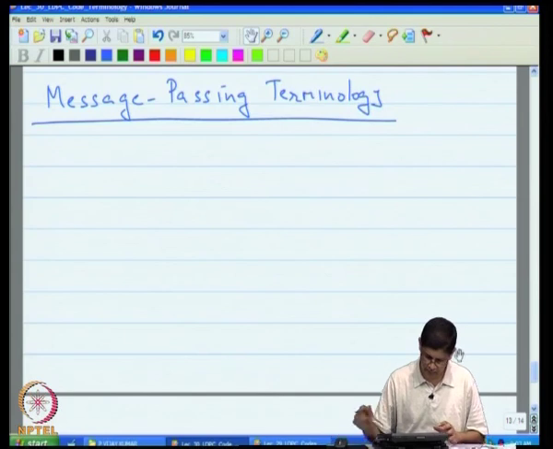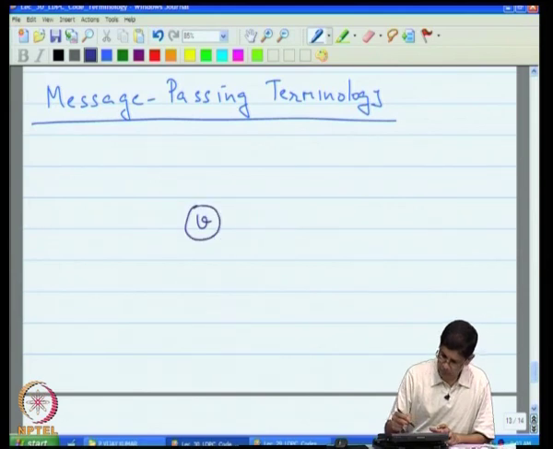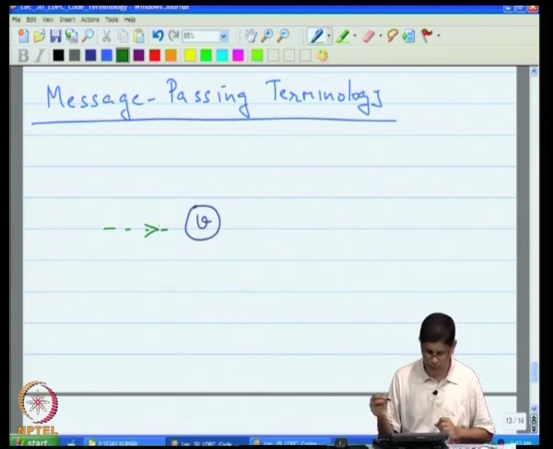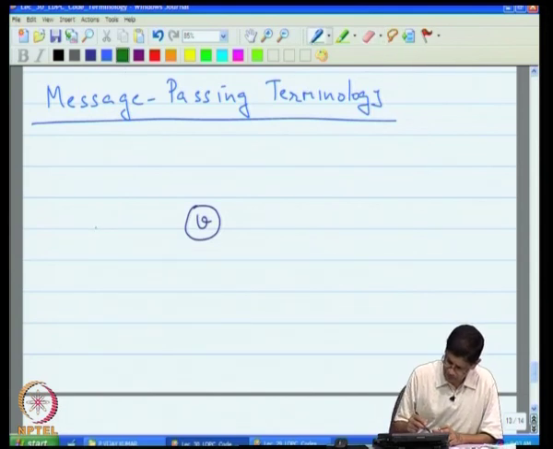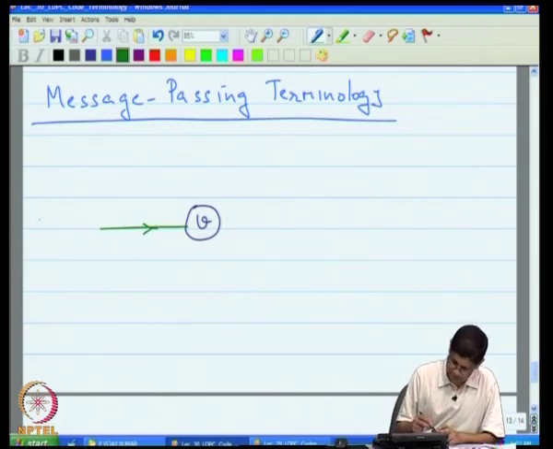So, here is your variable node, and here is the input from the channel. Perhaps I should just use a solid line since I am using a different color anyway. This is the input that it receives from the channel.